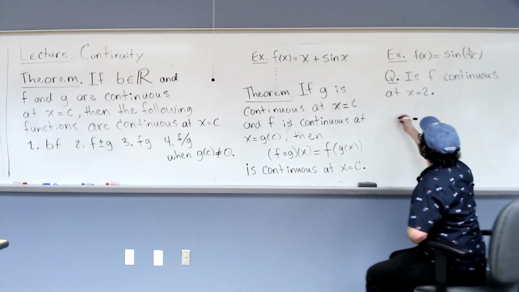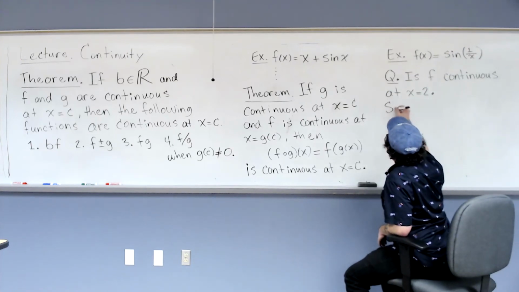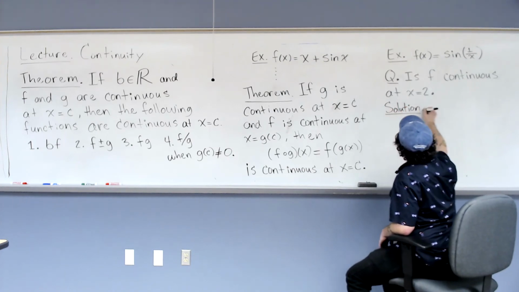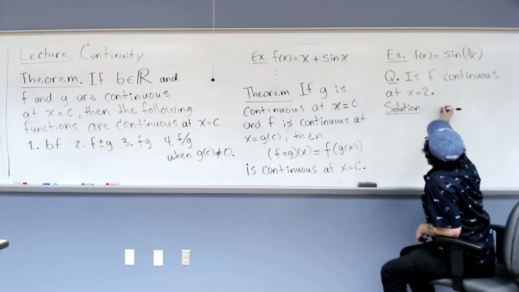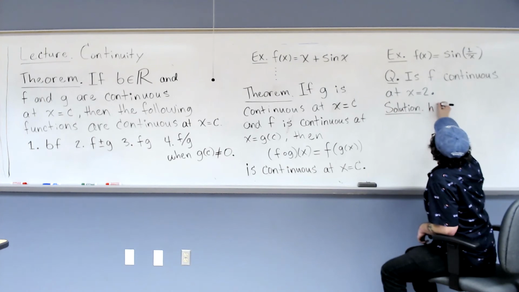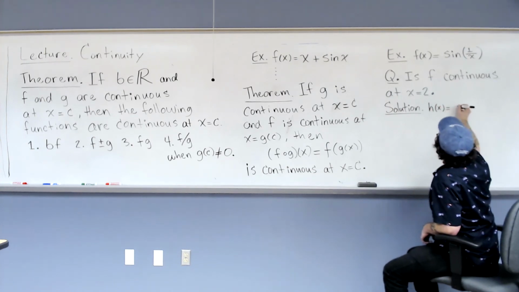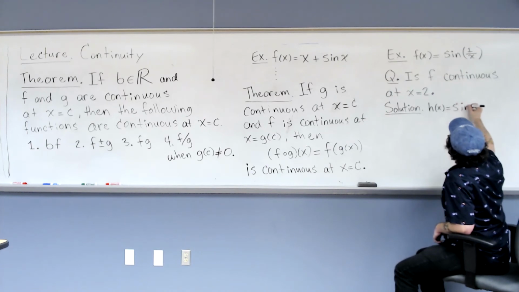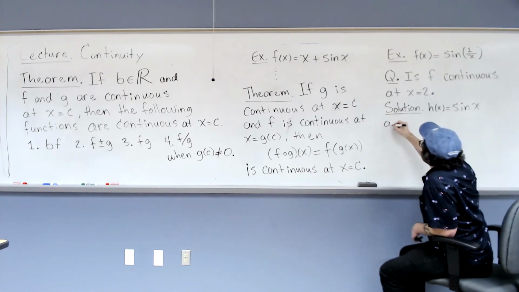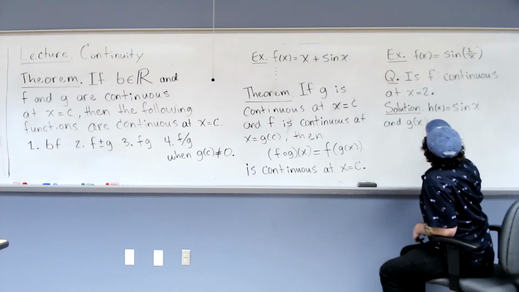So, for example, maybe I'll use h and g. So, h of x is equal to sine of x, and g of x is equal to 1 over x, right?